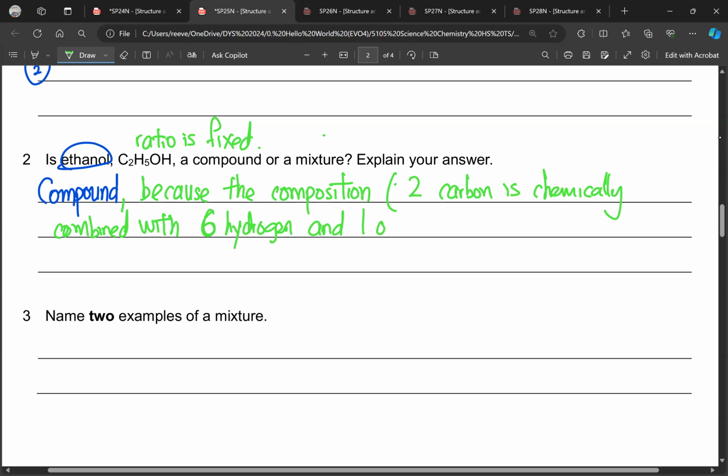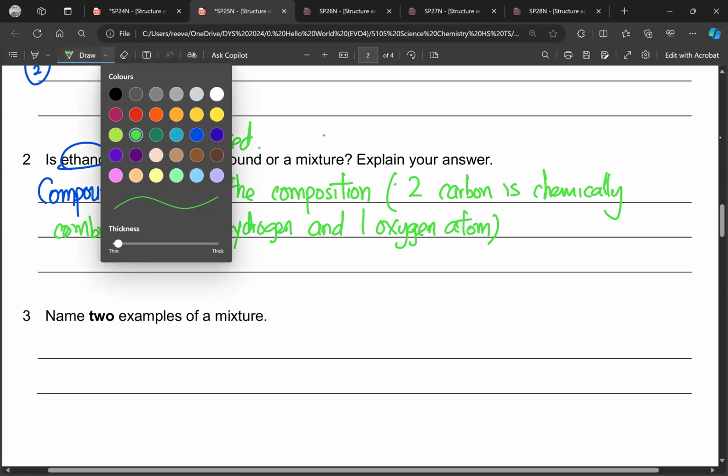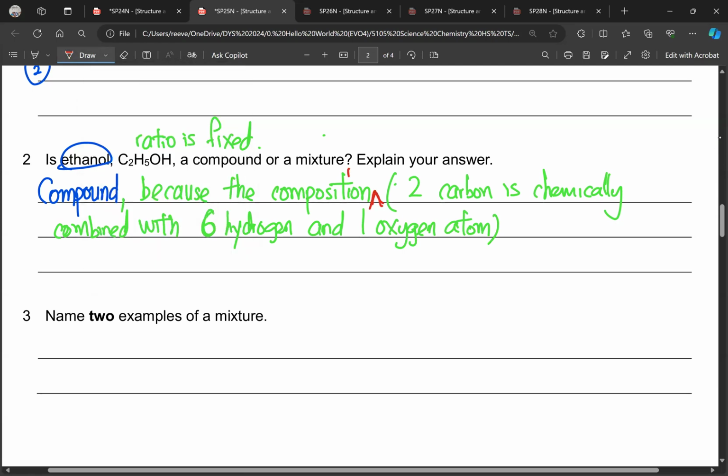I got 5 plus 1 for free. 6 hydrogen and 1 oxygen atom. The composition is fixed. Yeah, keywords. You might tell me it's fixed composition. That's the keyword, and it's called composition. Don't worry, ratio, right? Ratio is like math. This one is chemistry.